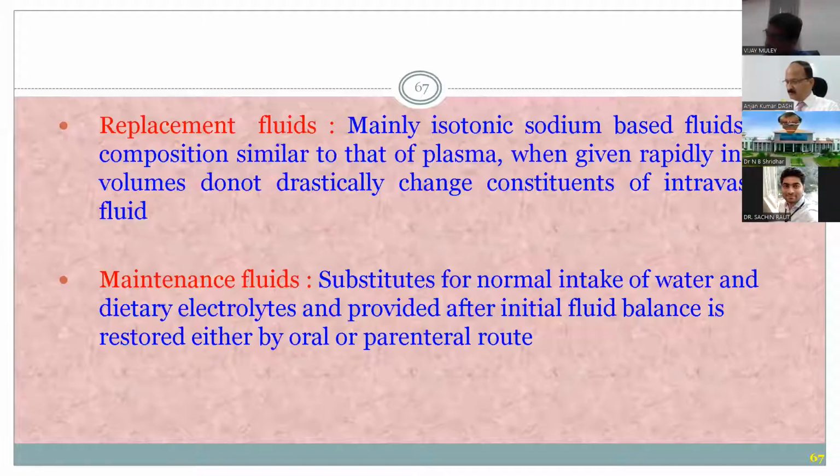Then maintenance fluids substitute for normal intake of water and dietary electrolytes, and are provided after initial fluid balance is restored. That's called the maintenance fluid. So initially we need to treat the dehydration with replacement fluid and then maintain with maintenance fluids.